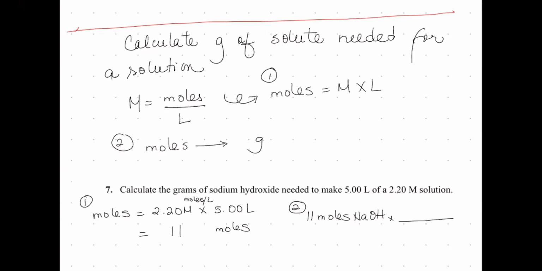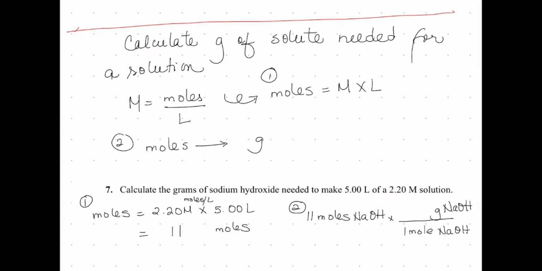The molar mass is on top, right? 1 mole NaOH, because you want to cancel the units diagonally. On top, you put grams of NaOH. Remember that the reason why I teach dimensional analysis is because you can see the cancellation of the units.